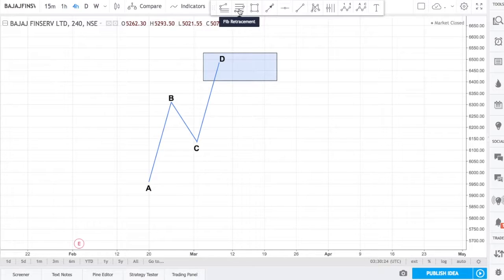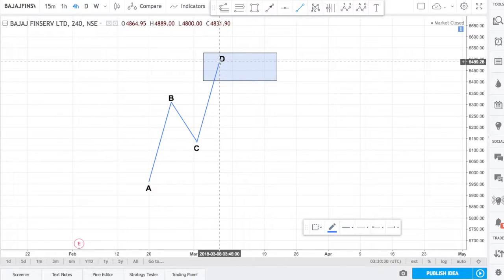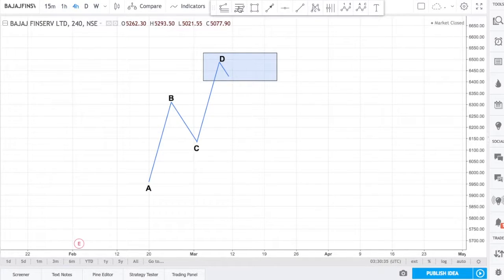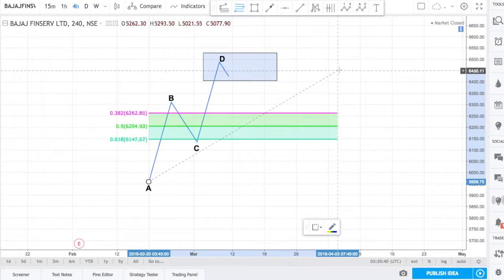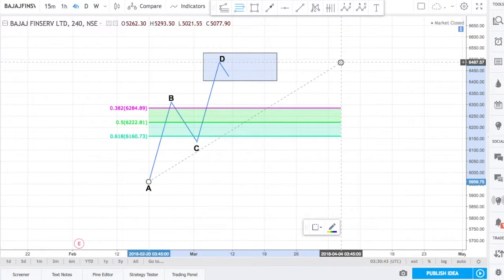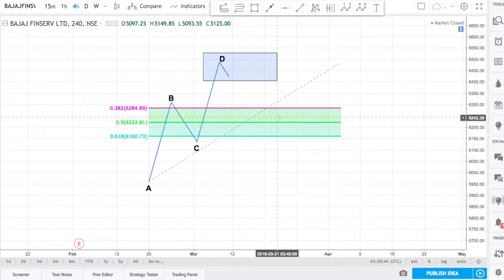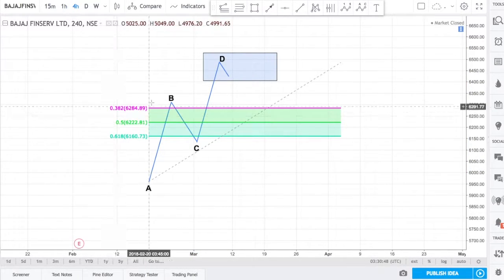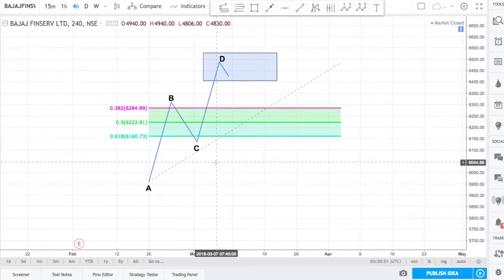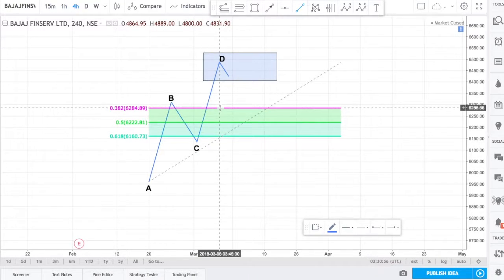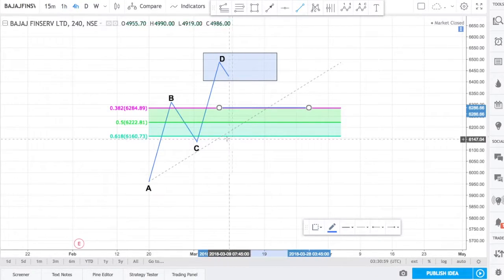What I meant is, once we have our lower low closing from this point, pick our Fibonacci retracement tool and mark our 0.382 and 0.618 Fibonacci levels as our first target and second target.